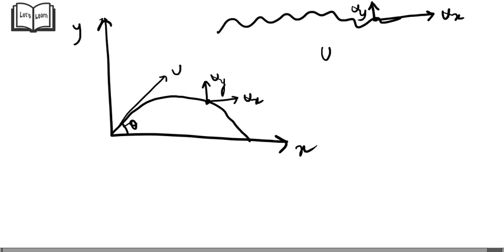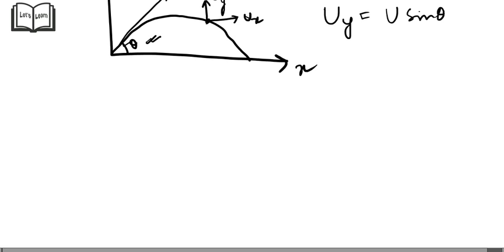So ux will be u cos theta, and uy will be u sin theta, because this angle is theta.